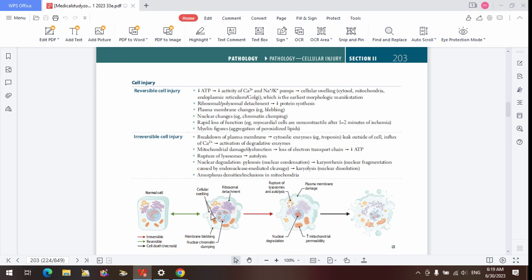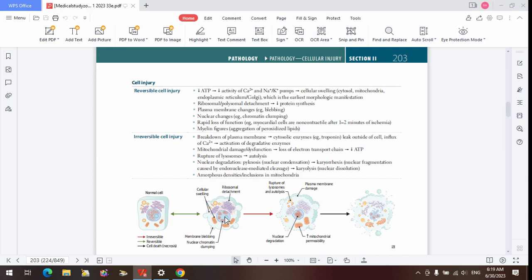It's going to cause swelling of the rough endoplasmic reticulum, which will lead to detachment of the ribosomes from it, and that will bring down protein synthesis. The cells are going to adopt the anaerobic pathway to generate energy. That will bring about lactic acidosis. That will generate acid that causes nuclear clumping.